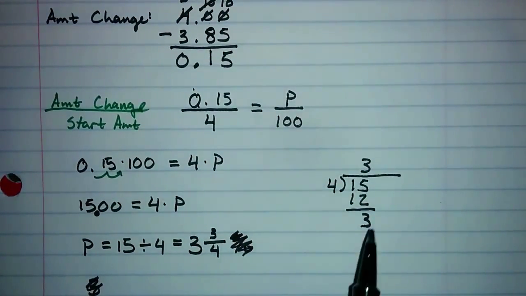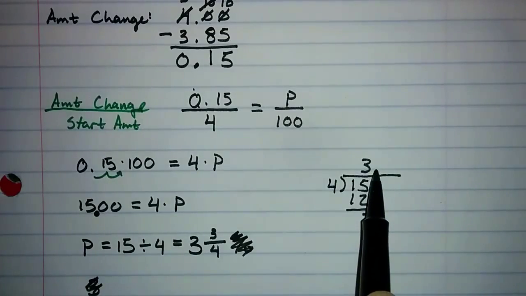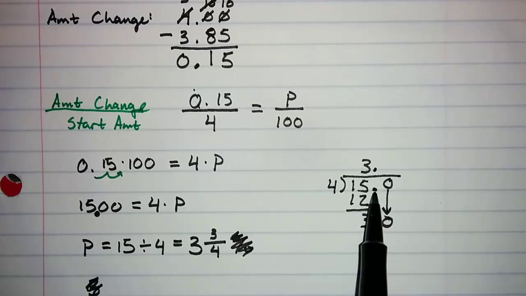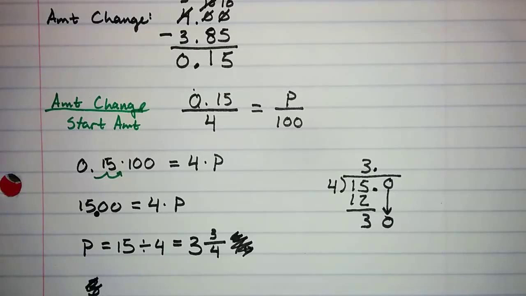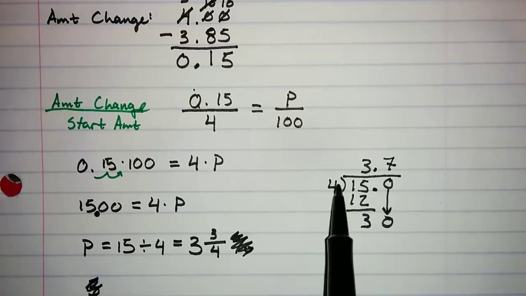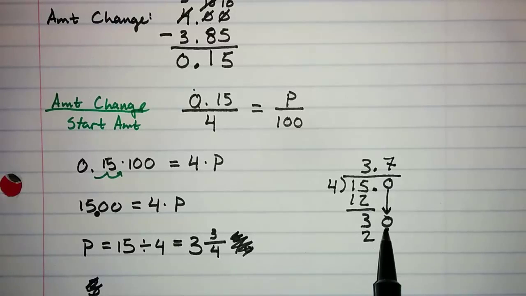Or maybe I like decimals and I'd like to keep going. I'll add a 0.0 to my 15. 4 goes into 37 times because 7 times 4 is 28. Subtract and get 2.